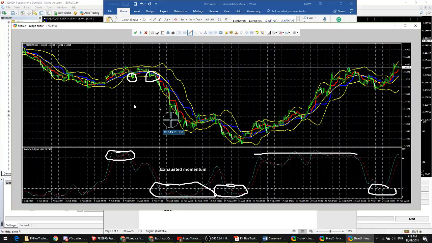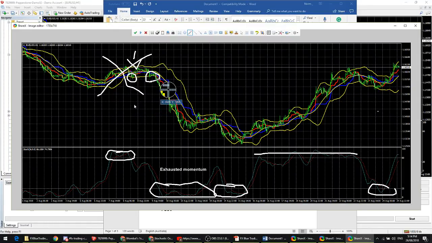Now let's have a look at the Itchy. So in this point here, our red is, it's hard to say, but it's definitely not below the blue. But here, it does become below the blue. So that keeps us out of this crap trade because of our Itchy.